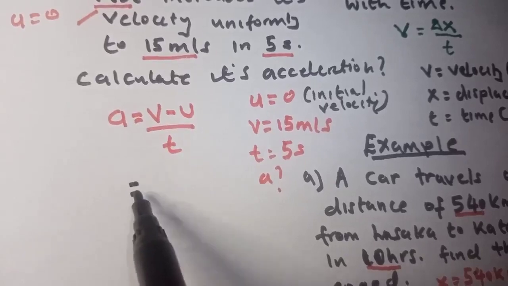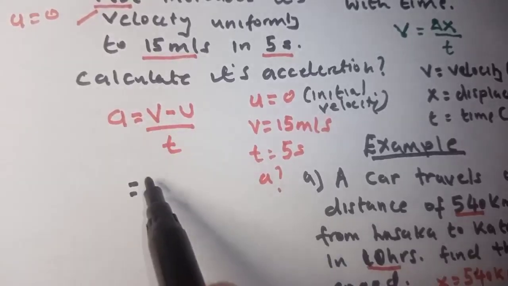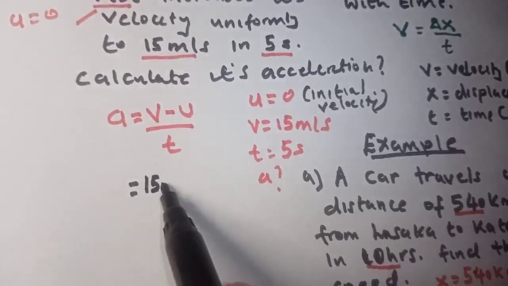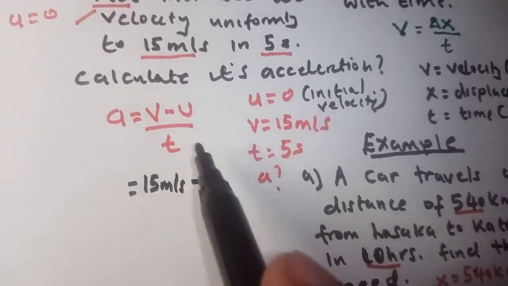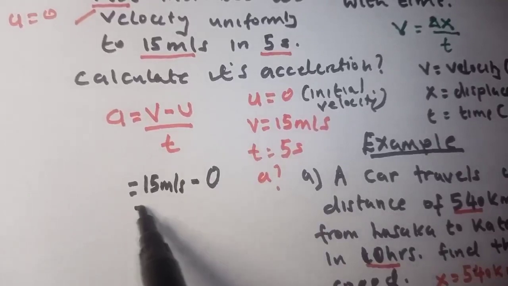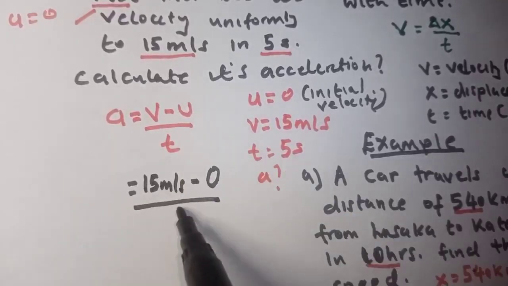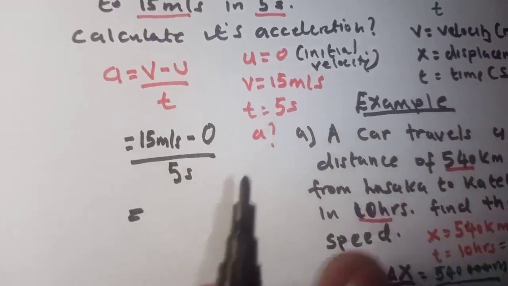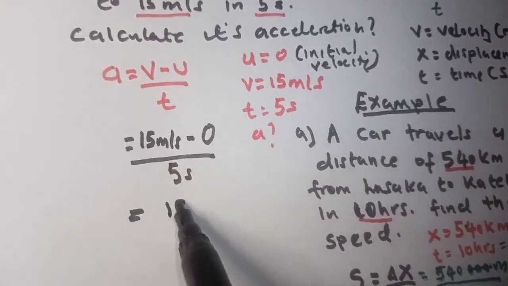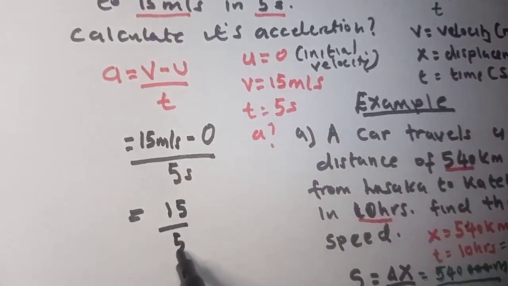We're going to come down. So final velocity is 15 meters per second minus initial velocity, which is 0, over time, that is 5 seconds. This will be 15 over 5.